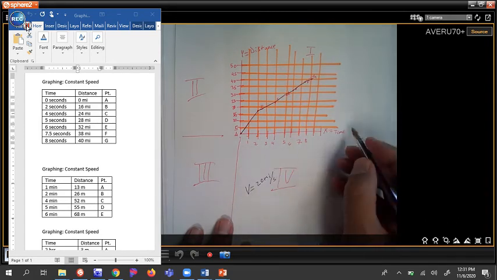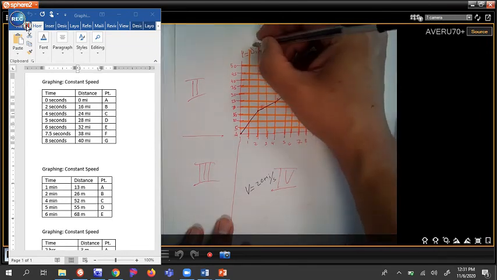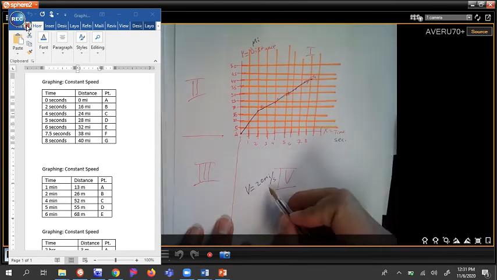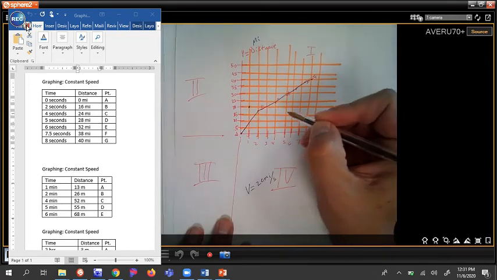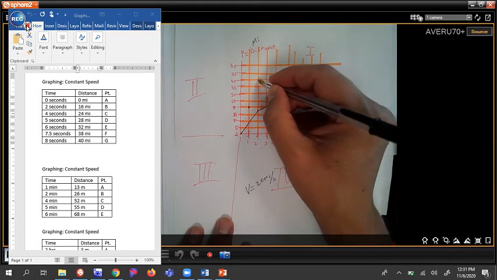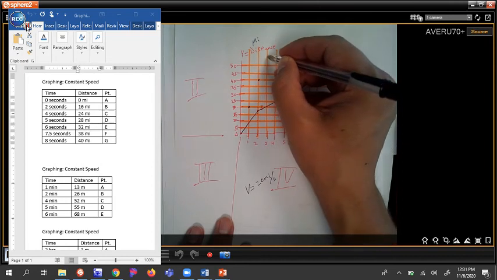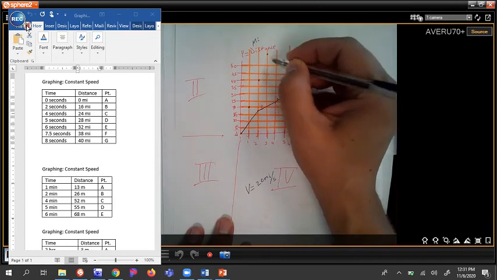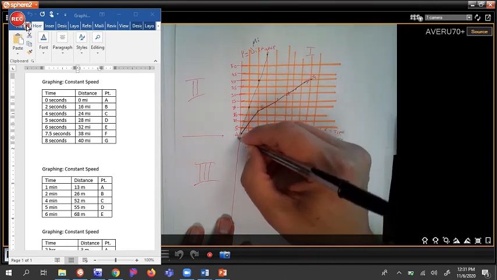So this is seconds here, right? Seconds. This is miles up here. So I go over 1 second, I go up 20 miles. Graph it. Okay, so then I go over another second, I go up another 20 miles. Graph it. Over another second, up another 20 miles. Graph it. And then I should be able to draw this nice little line straight through.